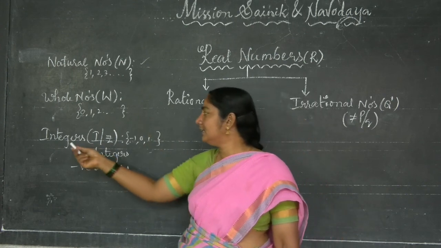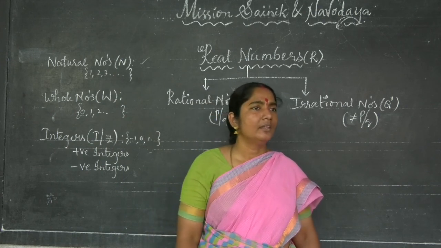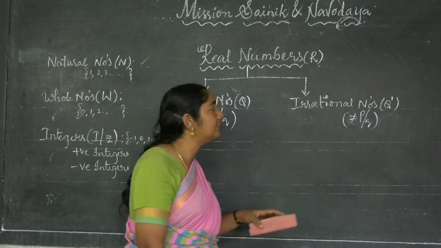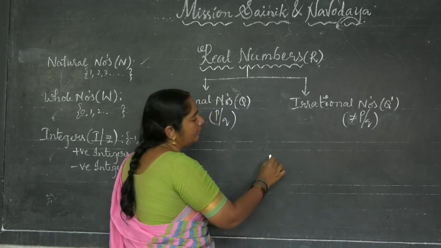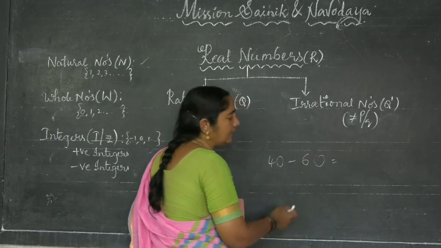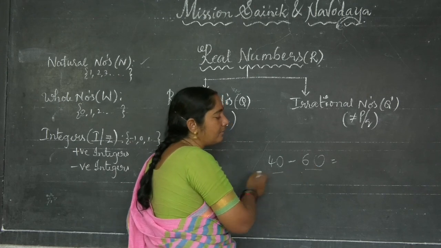The next is integers. Which numbers do we call integers? For example, 40 minus 60 is equal to, see, 60 is a bigger number, 40 is a smaller number.